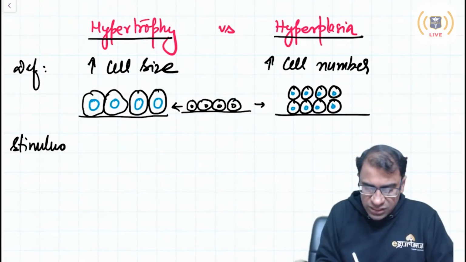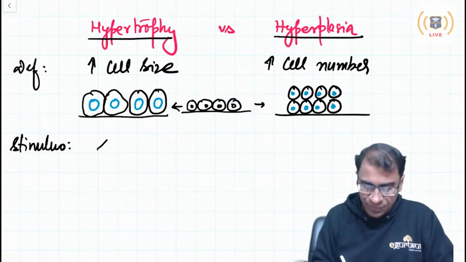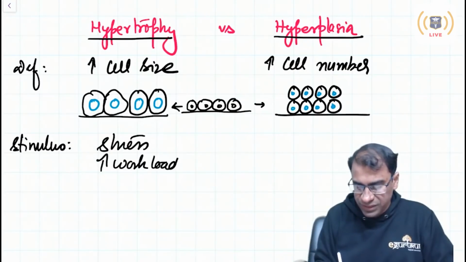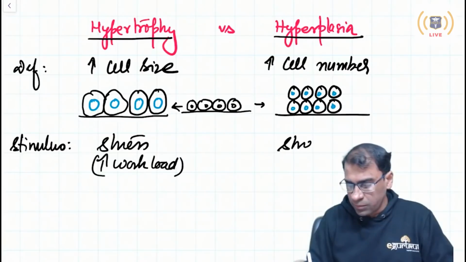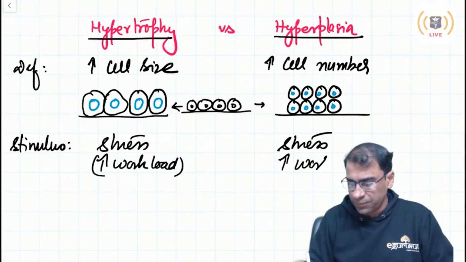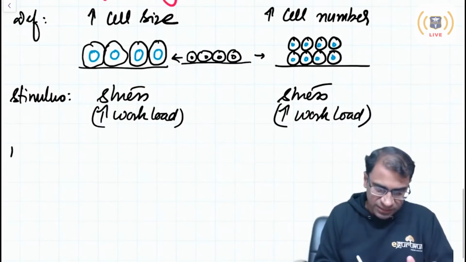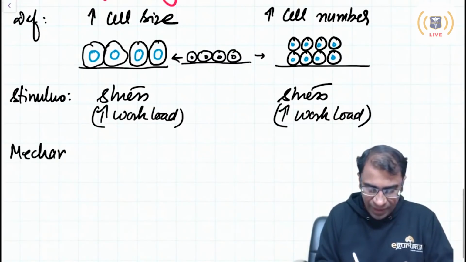As I told you, the stimulus for both of them is the same, it's stress. The stress is actually the same for both, that is increase in the workload. Okay. Next, what is the mechanism?